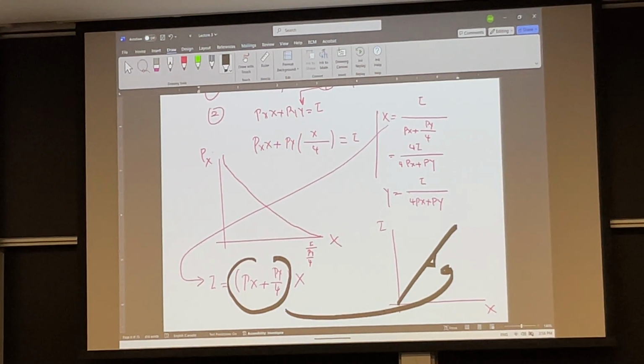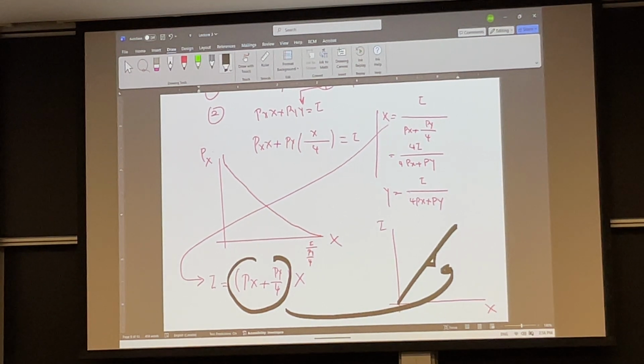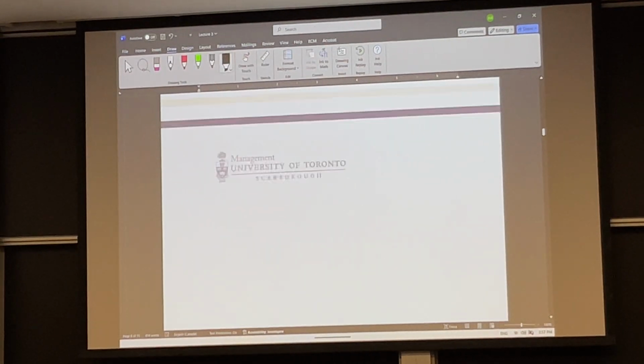By demand curve, I mean inverse demand function. You don't need to optimize again. When you optimize for all prices and all income, embedded in this one is everything. Make sense? Okay. Solve for I. Take this, multiply by this, and that's what I do. Okay? Okay.